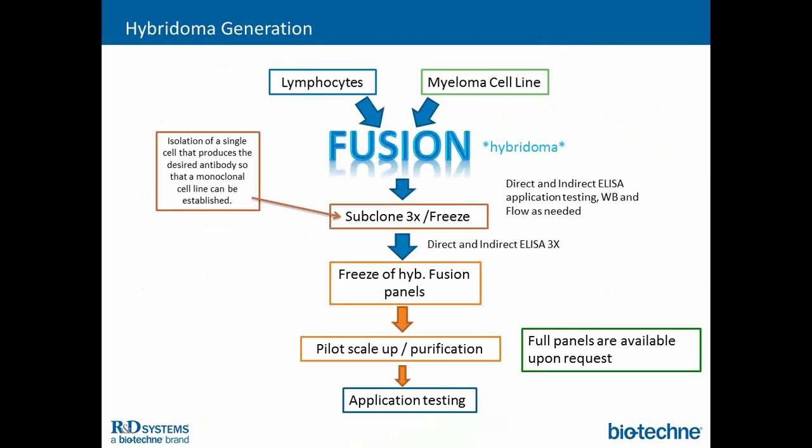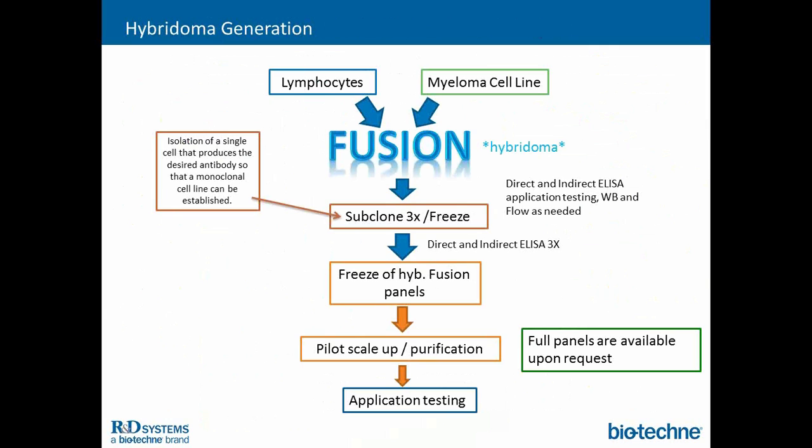And the testing is really driven, again, by the specs going into the project to begin with. So we can completely tailor that ELISA testing, as well as add additional tests. Sometimes we add Western blot or flow very early on to make sure we're not even getting to a purified material without having any chance of success.